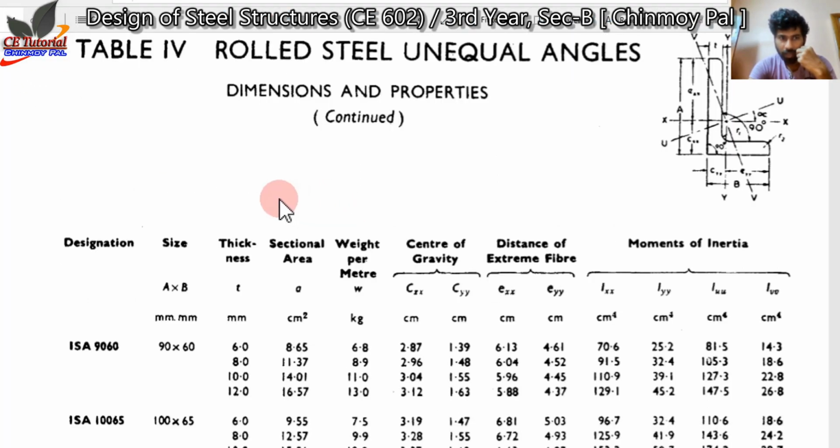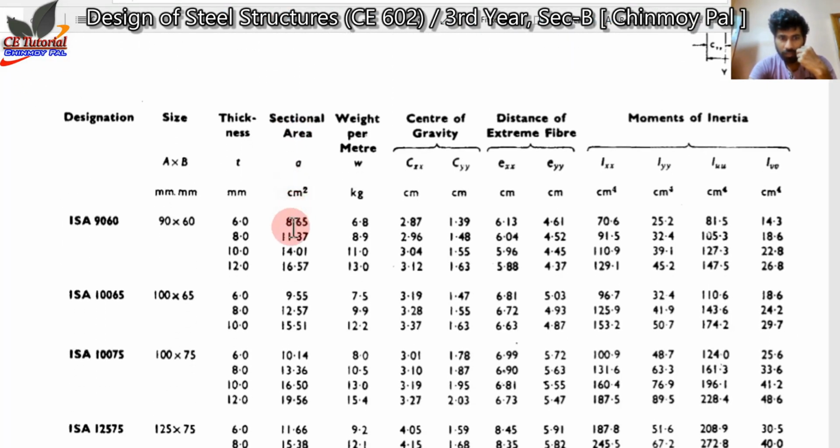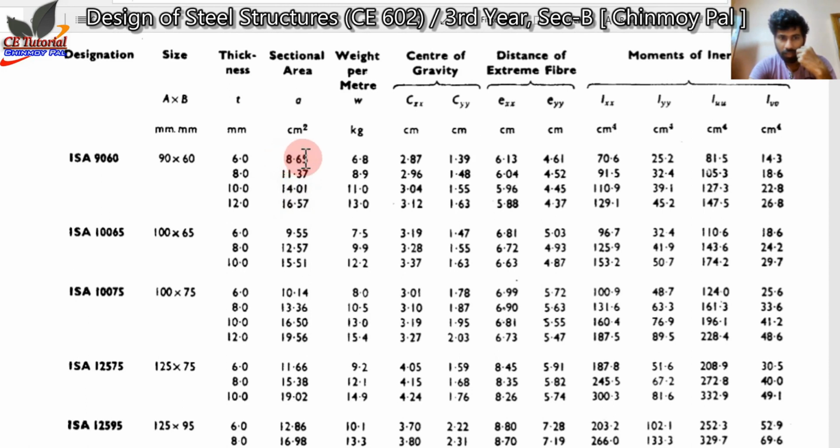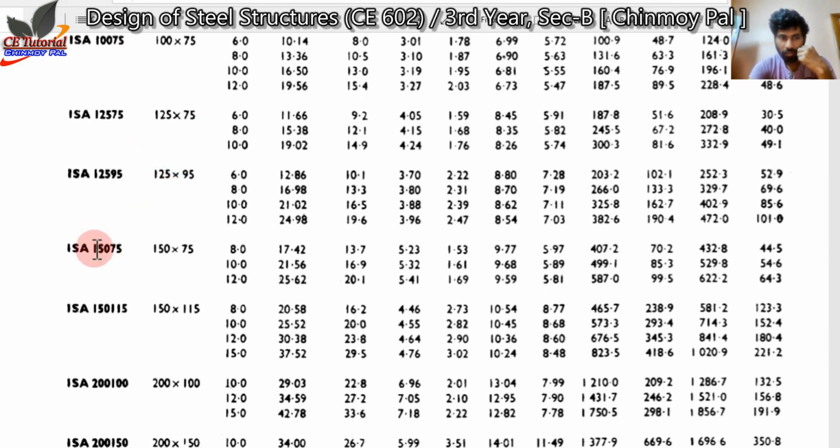Okay. Now in this table you can see the next greater value than 6.69 centimeter square is 8.65 centimeter square. But the dimension of this section is 90/60 into 6. You cannot attach this type of section with ISA 150/75/10.